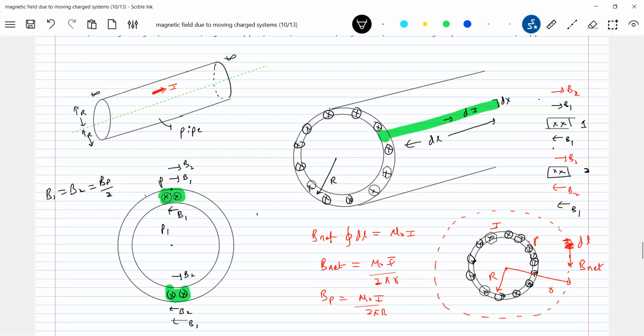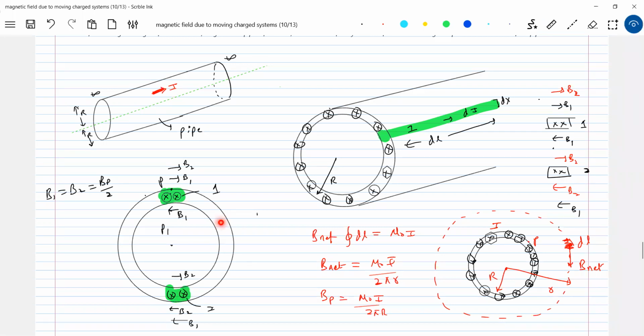Now let's assume this surface, present in the field produced at point P, will experience force due to the field produced by the second sheet, or the second element. The first element, and there is a second element you assume exactly symmetric to that.